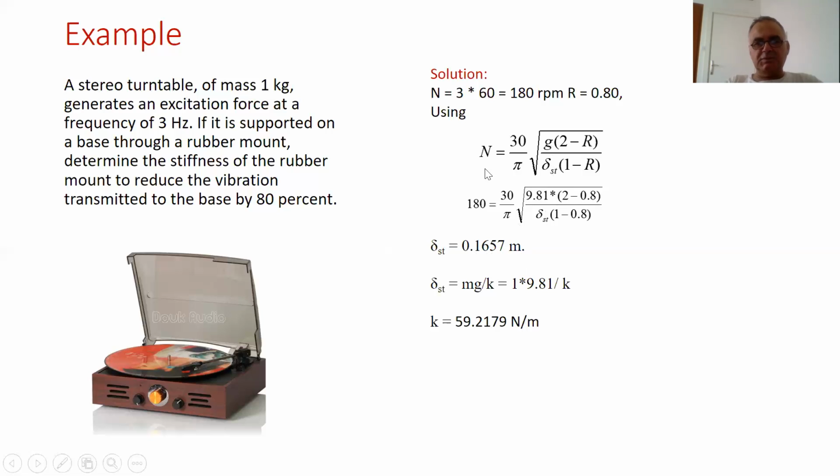Very soft springs need to be used. So the static deflection is mg over k. M is 1, g is 9.81, divided by k, from which we find that the spring constant has to be 59.2 Newton per meter, which requires a very, very soft spring.